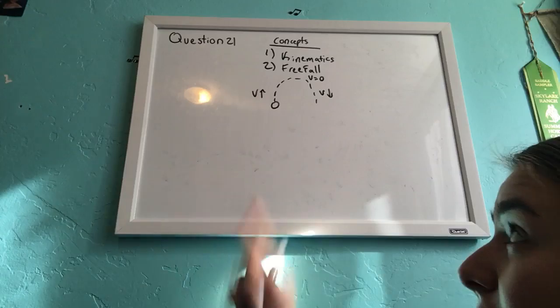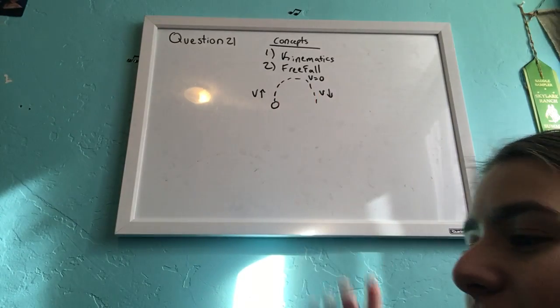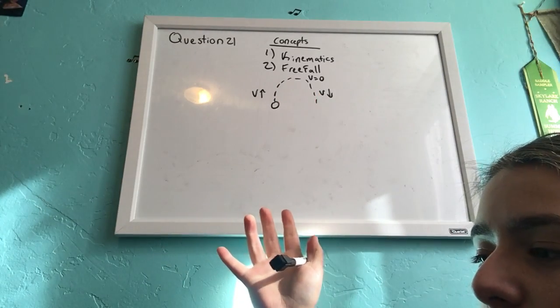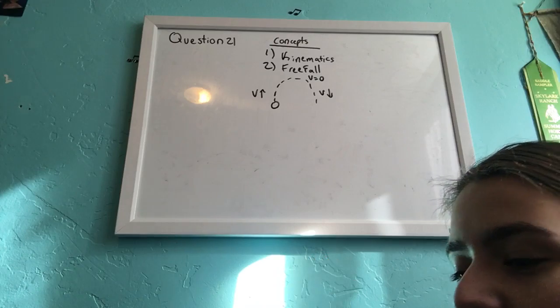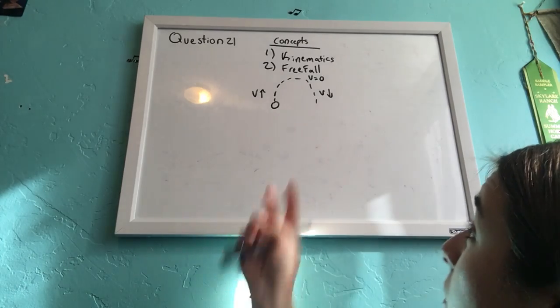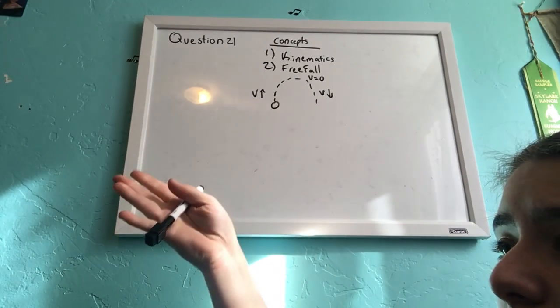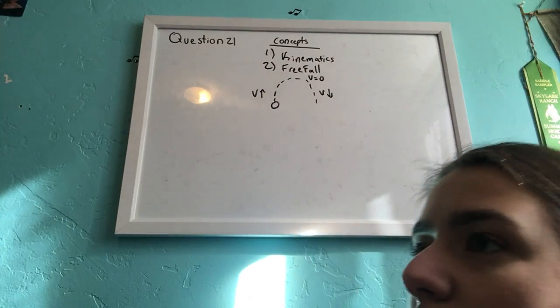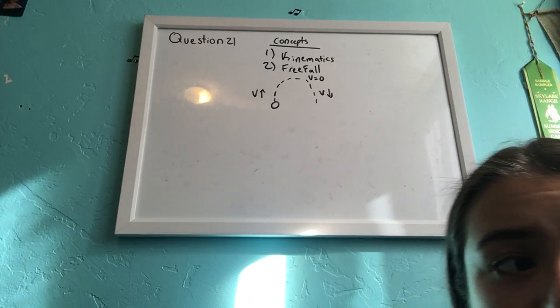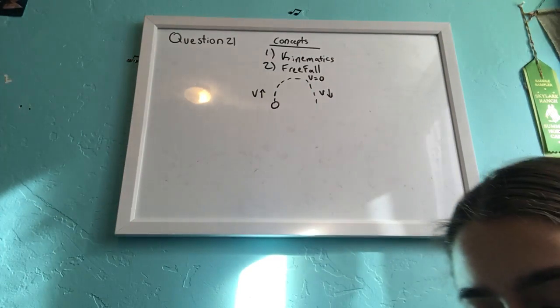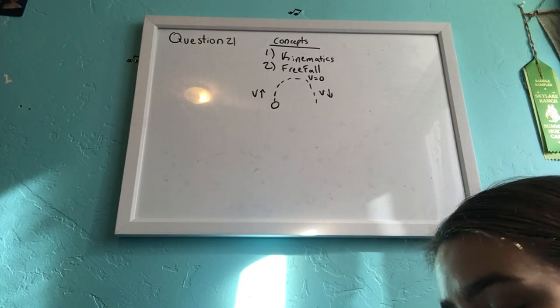So for the vertical motion at the top it's 0, but for the horizontal movement there will only be horizontal velocity at the top. Okay, so those are the important concepts when looking at this question.